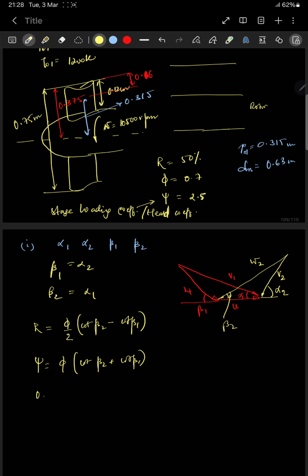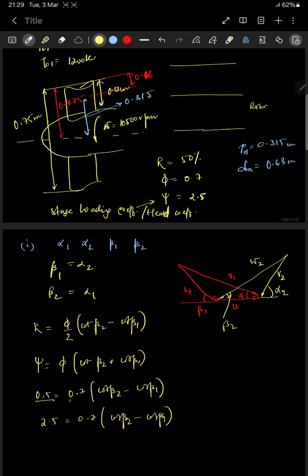R is 0.5 equals 0.7 times cot beta 2 minus cot beta 1, and 2.5 equals 0.7 times cot beta 2 plus cot beta 1.